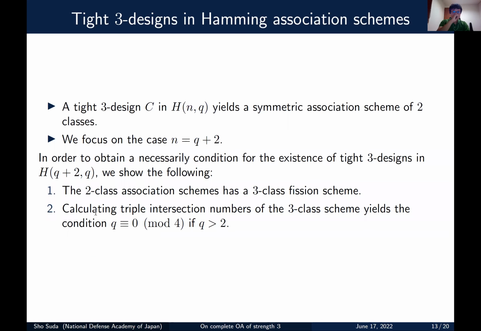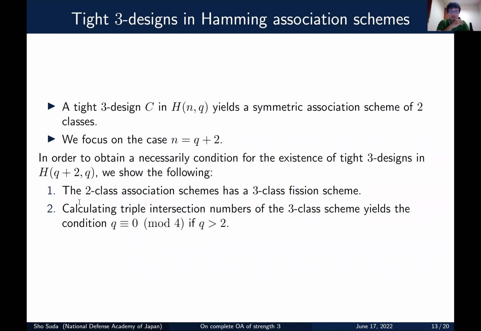Okay, so this is a summary of this work, and I want to show the conditions for the second case. In order to show our main result, we do the following two things.